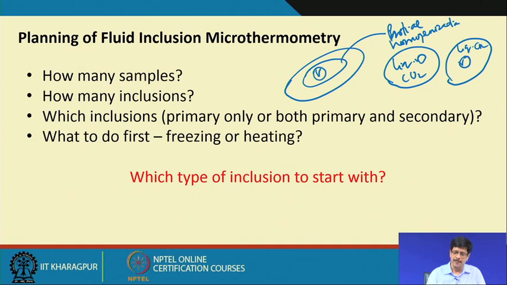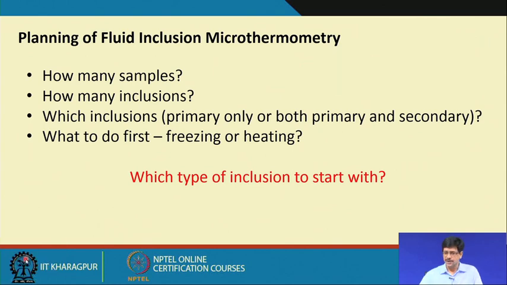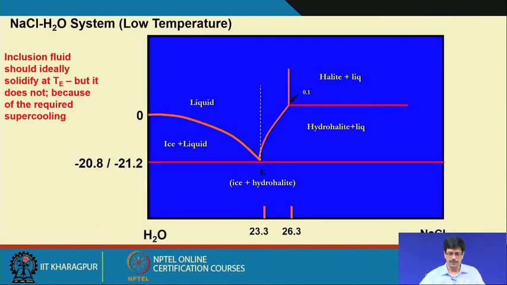We also can get the homogenization of the carbonic liquid part; if the vapor is present, it will also homogenize to either a liquid or vapor. So, these we will illustrate through our examples.